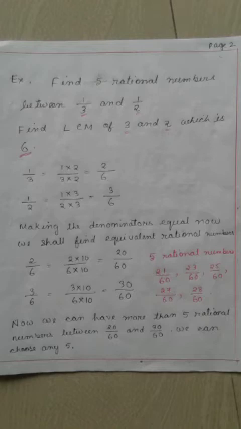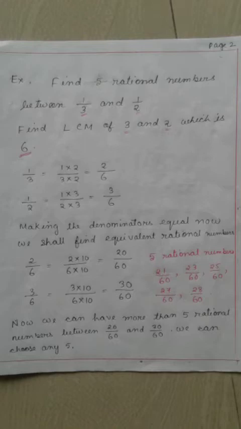First step is finding the LCM of the denominators of the rational numbers, 3 and 2, which will give 6. So we get 1 by 3 equal to, making the denominator 6, 2 by 6. For half, if we make the denominator 6, we get 3 by 6.